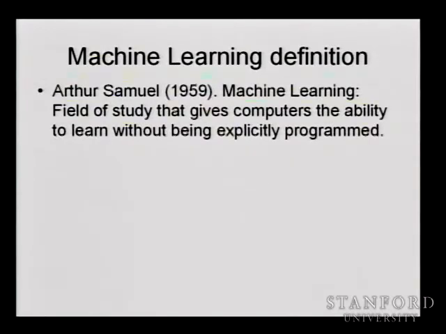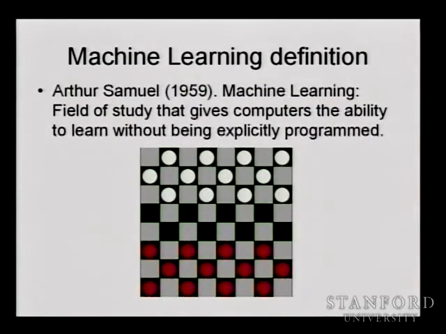Way back in about 1959, Arthur Samuel defined machine learning informally as the field of study that gives computers the ability to learn without being explicitly programmed. Arthur Samuel actually did something very cool, which was he wrote a checkers program which would play games of checkers against itself.